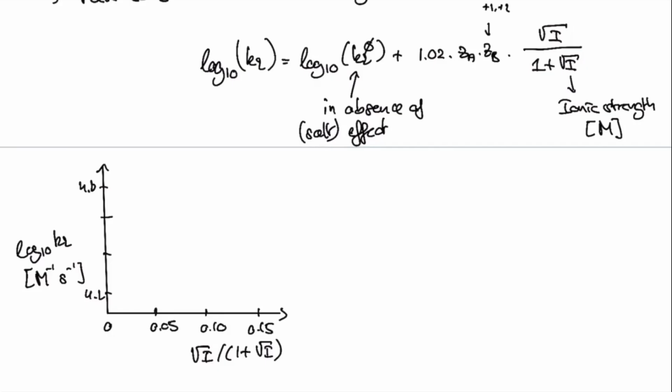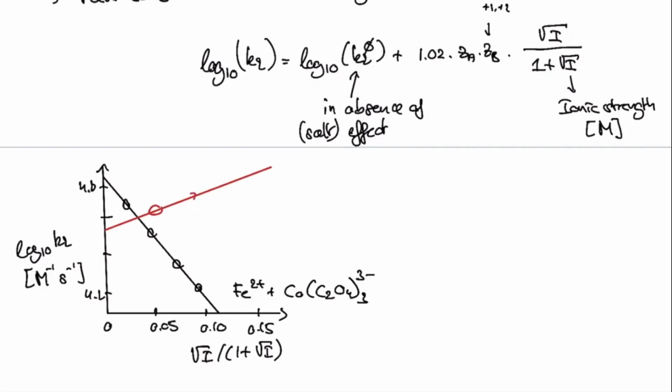Okay, so for the first reaction, I want to show, it looks like this. So this would be iron 2 plus and a cobalt complex. Okay, so here we actually observe a decrease in the reaction rate.